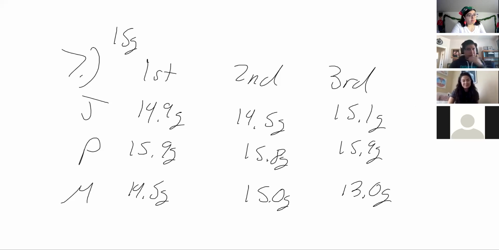There we go, that's a good place to start. By taking the average? Okay, yeah. So let's start off by taking the average of all their trials, of Jamie's, of Philip's, and of Mariana's. Take all their averages and see what's different about them.